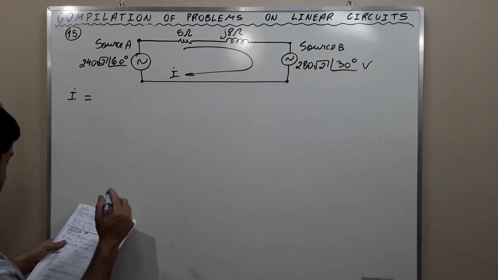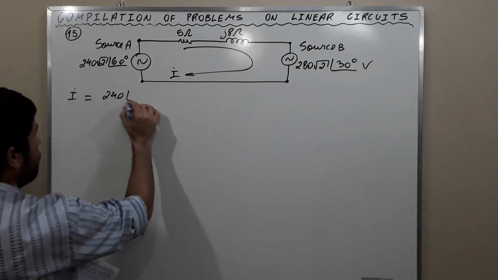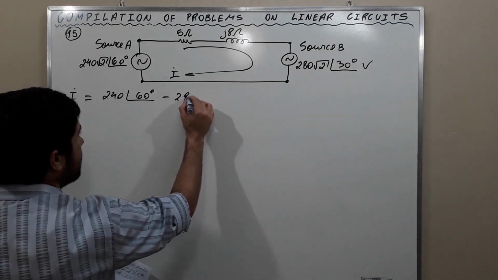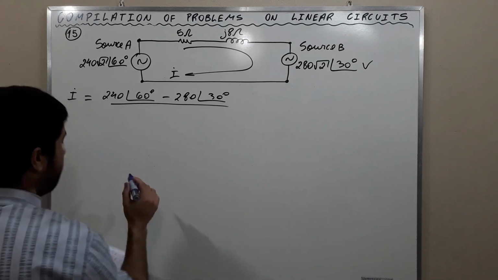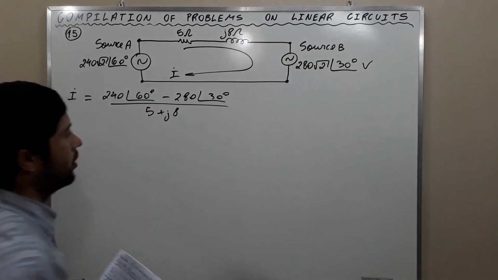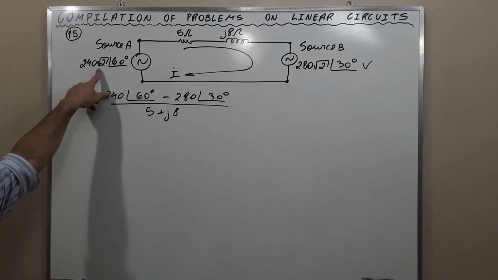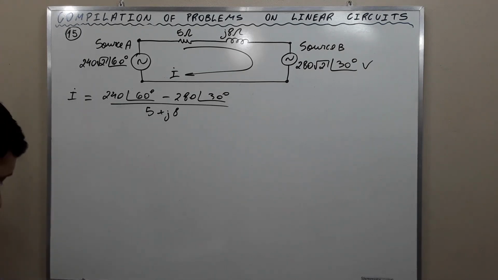So the current will be 240 phase 60 degrees minus 280 phase 30 degrees divided by 5 plus j8, okay? When calculating power, and we will need to calculate power, we do not use the peak value. We use the RMS value.